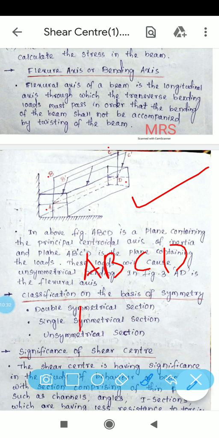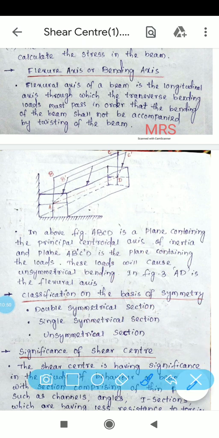And see another plane AB dash, C dash, D dash, which is the plane containing the load. So both do not coincide with each other. So this is unsymmetrical type of bending.